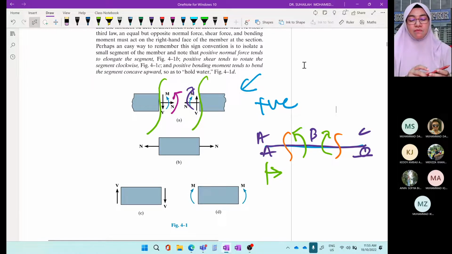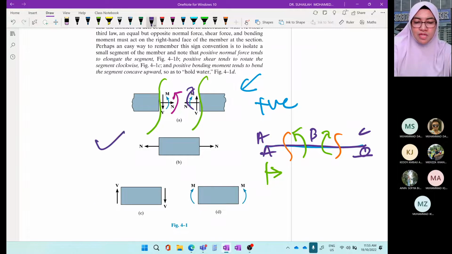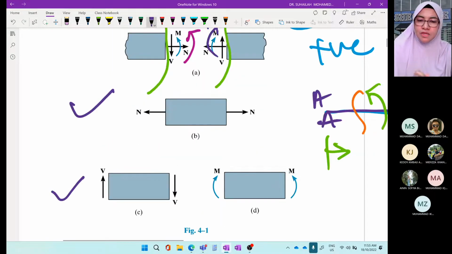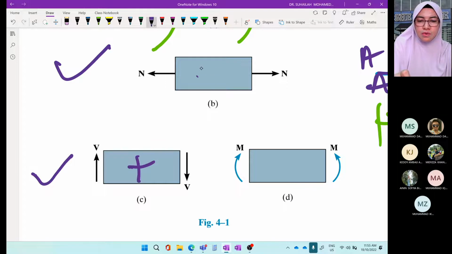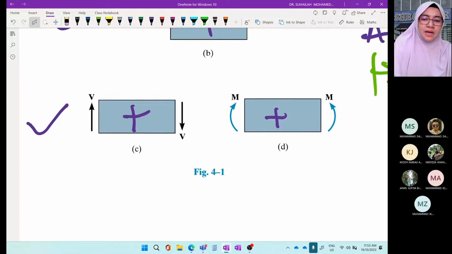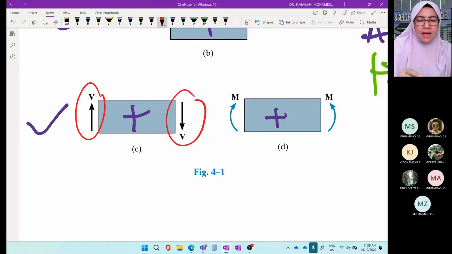So kalau positive for axial force yang ni, positive for shear yang ni, this is positive for shear, this is positive for axial force, and this is positive for bending. Yang ni positif, shear ni positif sebab kalau kita ikut arrow ni, dia memang akan rotate clockwise. Nampak tak?